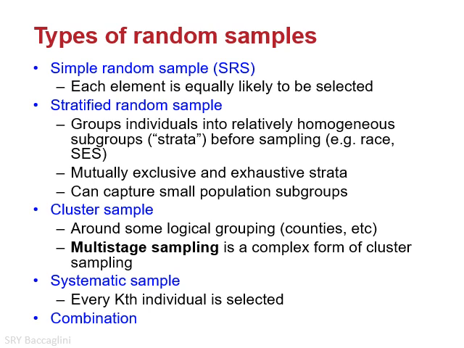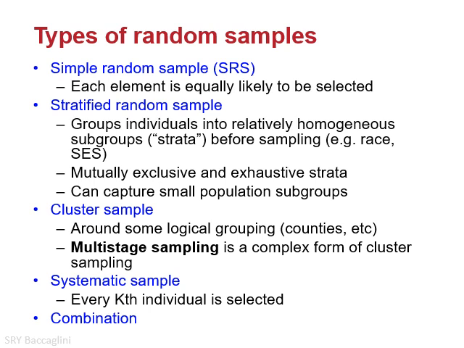So in this case, for example, you might have regions, you might have race, and so on. These are mutually exclusive and exhaustive strata, so you cannot have overlap, and all of the strata put together will sum up to the population. By doing this, when you sample within strata, you can capture small population subgroups.